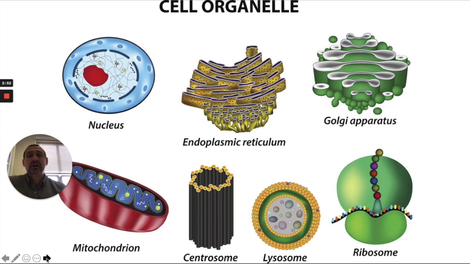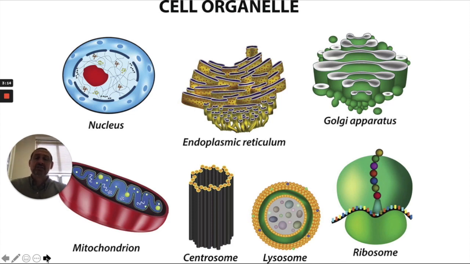Here are some common eukaryotic cell organelles. The nucleus, for example, the control center of the cell, endoplasmic reticulum, which transports things throughout the cell, the Golgi apparatus, which helps to package and modify proteins, mitochondria, which help to give the cell energy, especially aerobic energy.